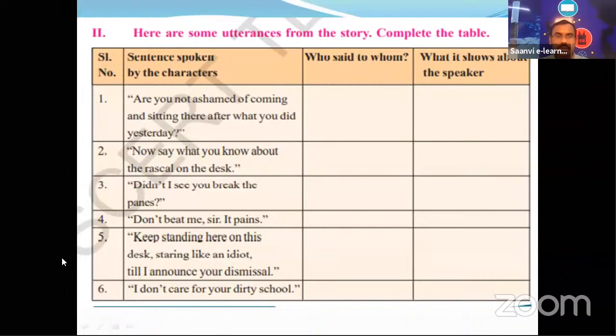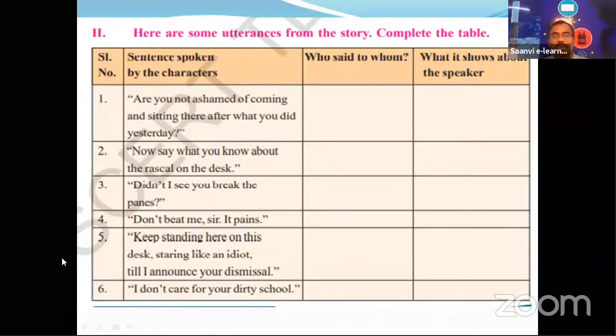Have you all finished? Now say what you know about the rascal on the desk. This sentence was spoken by the headmaster to the peon.